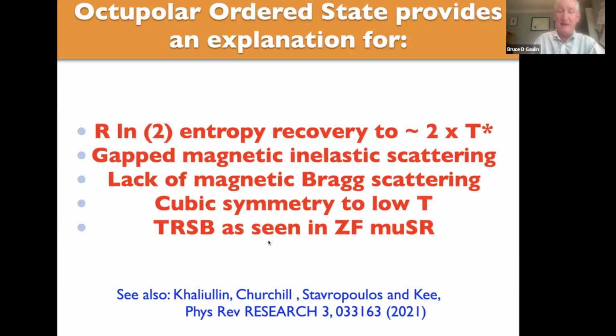Actually, there's a very nice theory paper by Kalulian and Hae-Young Kee and students that was published about a year or so later, which took the opposite point of view, that it's the quadrupoles that are actually ordering. It's serious work, and that's why I'm mentioning it here. But I don't find it as compelling as the octupolar case, because it requires that there is some cubic symmetry breaking.